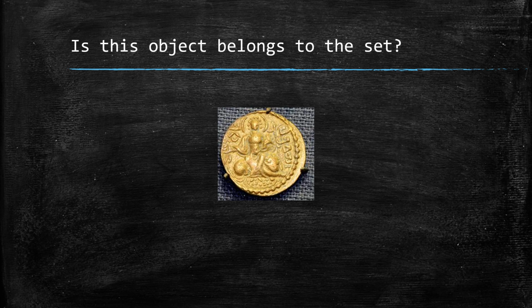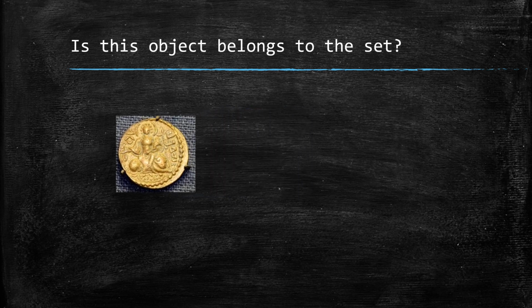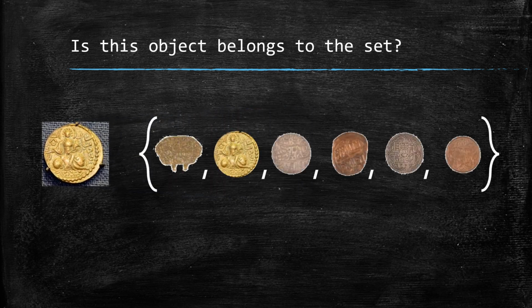Now I am going to ask you another question. Does this object belong to the set? If you analyze, you will find this object belongs to the set of the National Museum of Delhi. Here is the element. So I will denote it by another symbol like this.